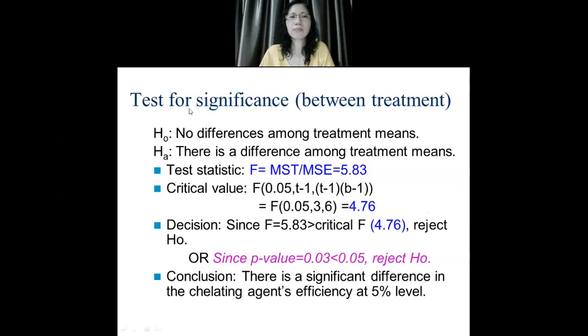For the test of significance between treatments, we need the null and alternative hypotheses. The null hypothesis: no differences among the treatment means. The alternative hypothesis: there is a difference among the treatment means.